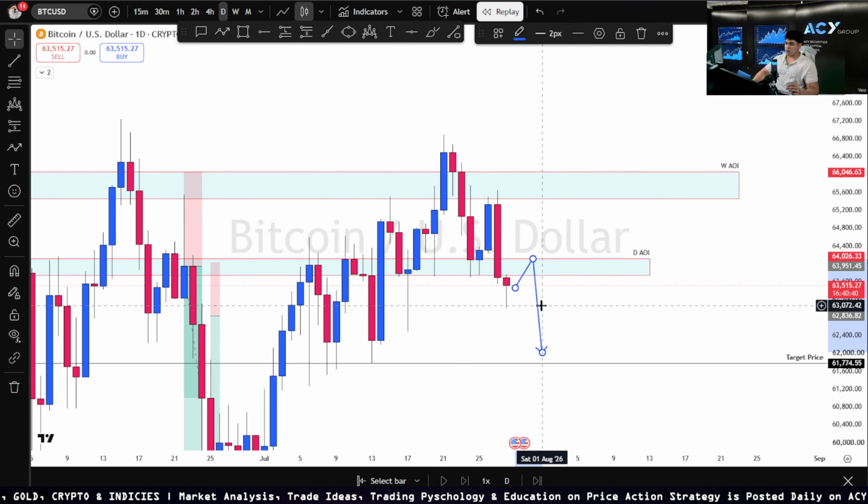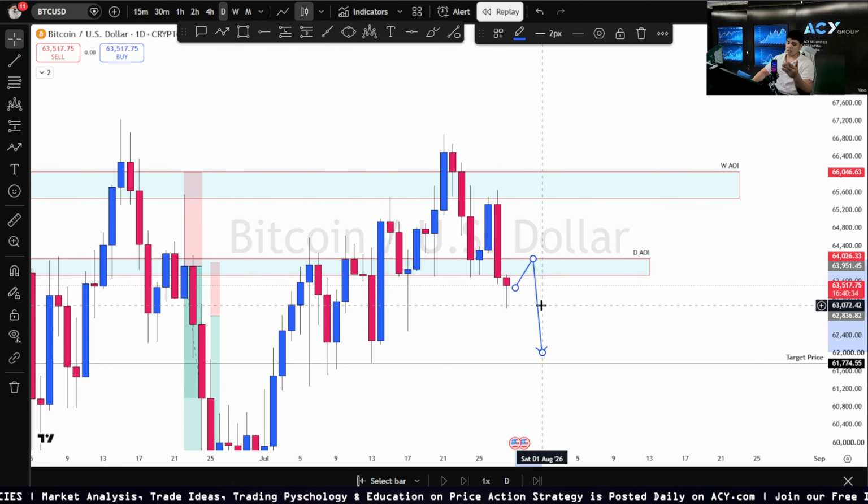Sometimes you are eager once you're trading. Let me give you an experience, because I have already experienced this kind of thing. Sometimes you actually think that once you're trading, every time you need to actually trade. No, that is not how trading works. Trading is actually taking the highest probability setup only.